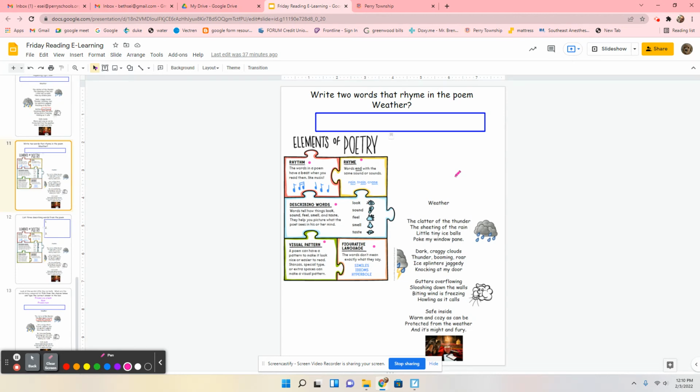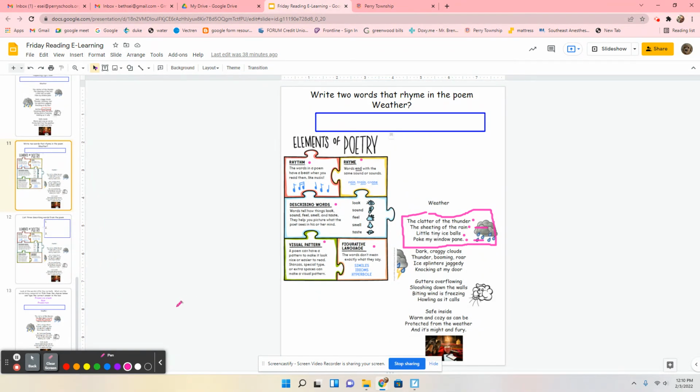One way to find rhyming words is to look at each stanza. I'm going to take a look at this stanza right here, and I'm going to look at the last word in each line. Usually, the second and the last line rhyme. Let's see if I'm right. Rain, pain. Do those 2 words rhyme?